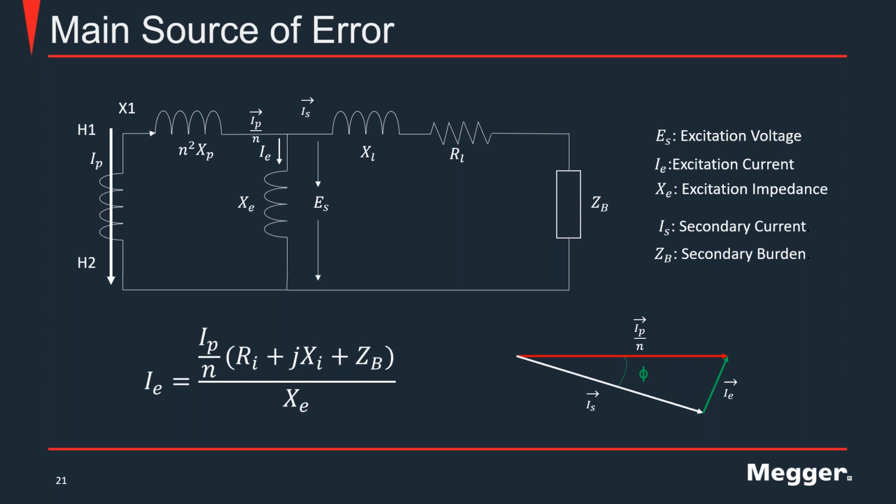Because when it's most important for the protection CT to measure is when the current is a lot higher than the nominal current in the system, which on the other hand is when the metering CT is most importantly to be accurate.